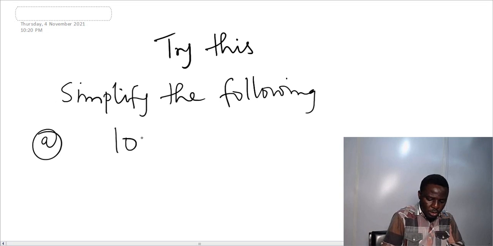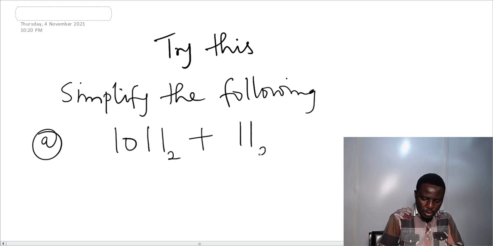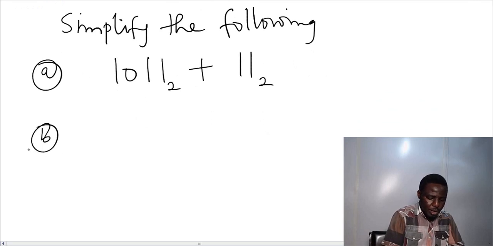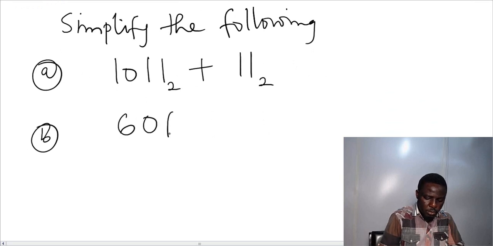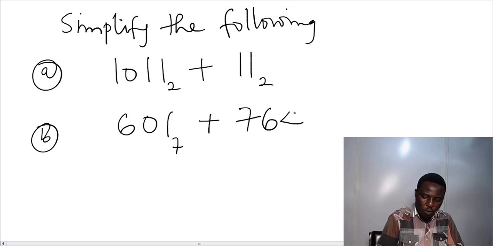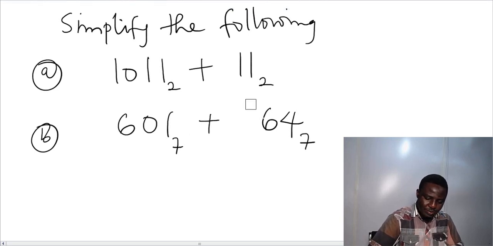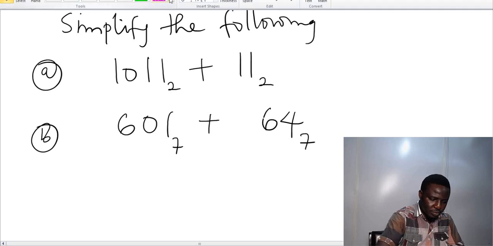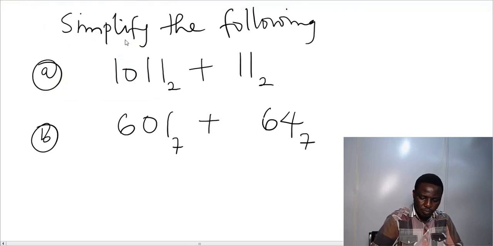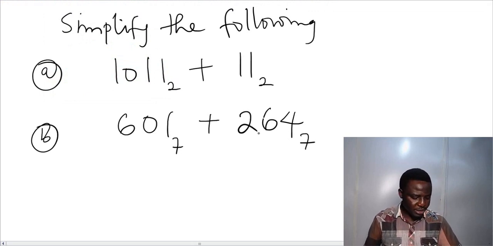A: 1011 base 2 plus 11 base 2. B: 601 base 7 plus 264 base 7.